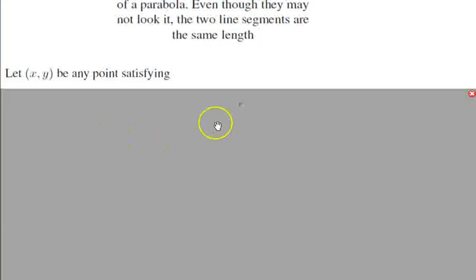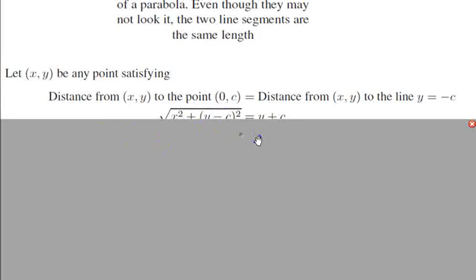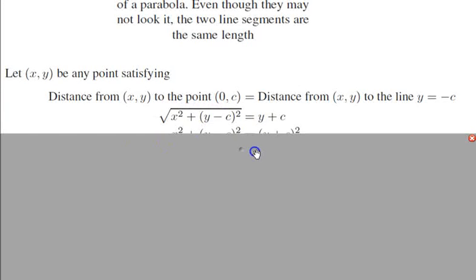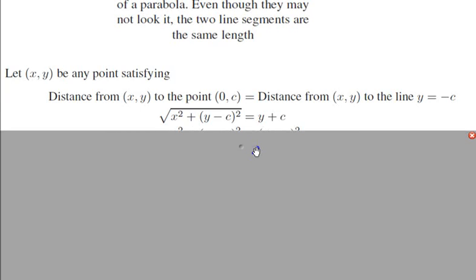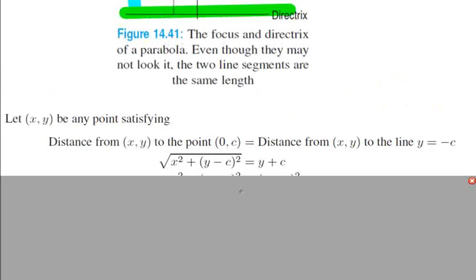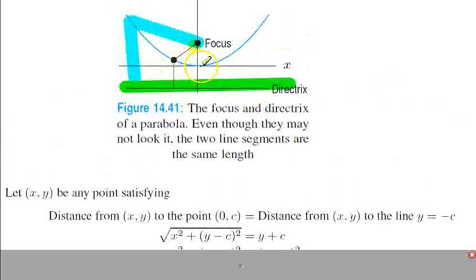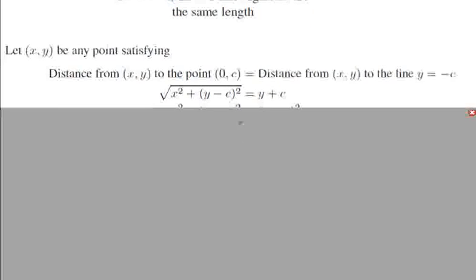So if (x, y) is on the parabola, that means it's the same distance from the focus point. Let's say the focus point is at the point (0, c) as it is from the line y equals negative c. Now in this case, we made life easier. We made the focus located on the vertical y-axis, and the directrix located horizontally from the x-axis.